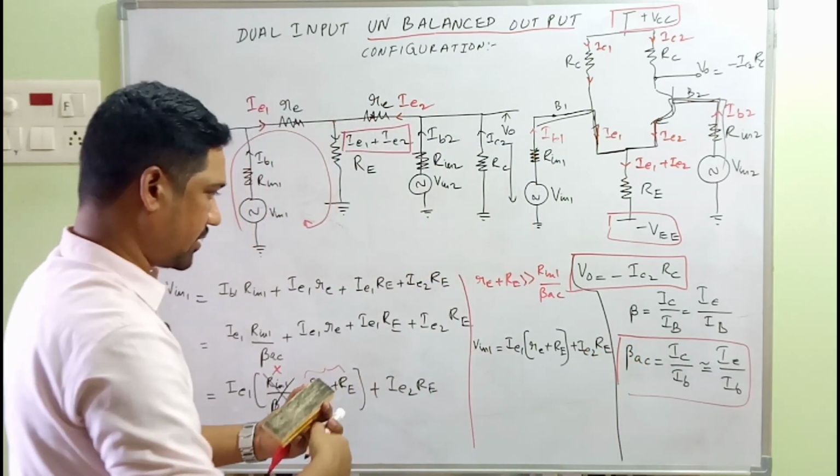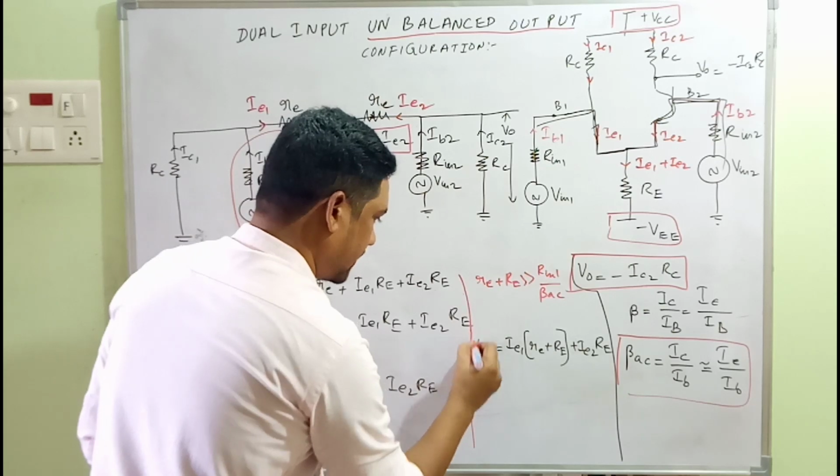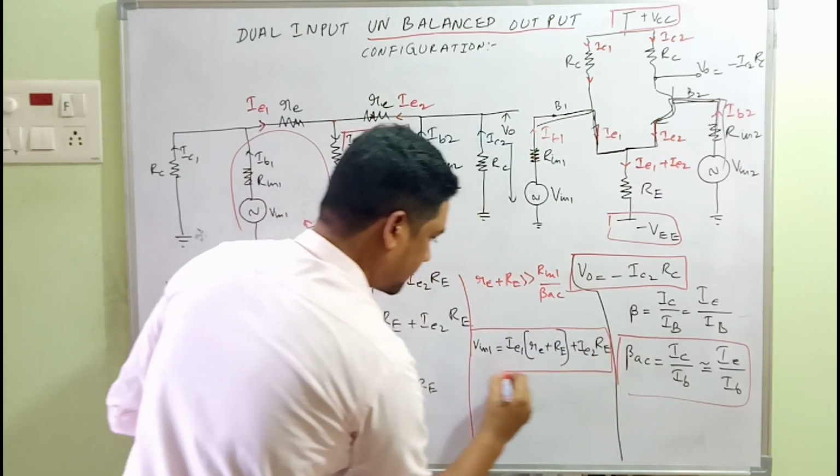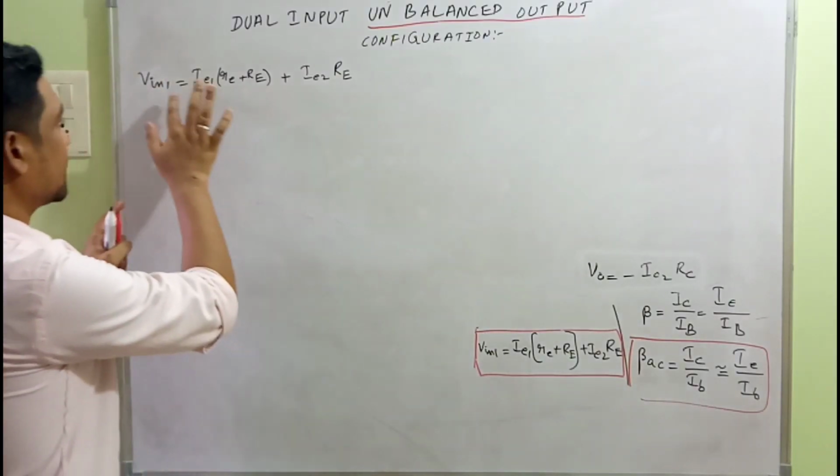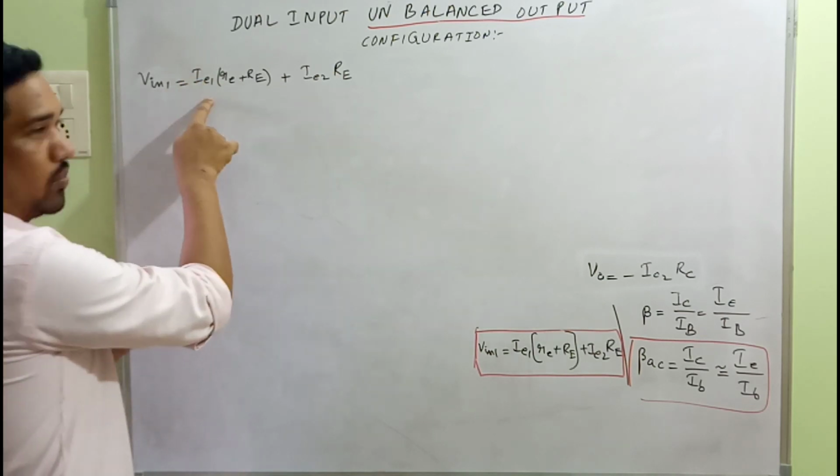A very important equation for Vin1, right? Now this is the expression for the first loop.